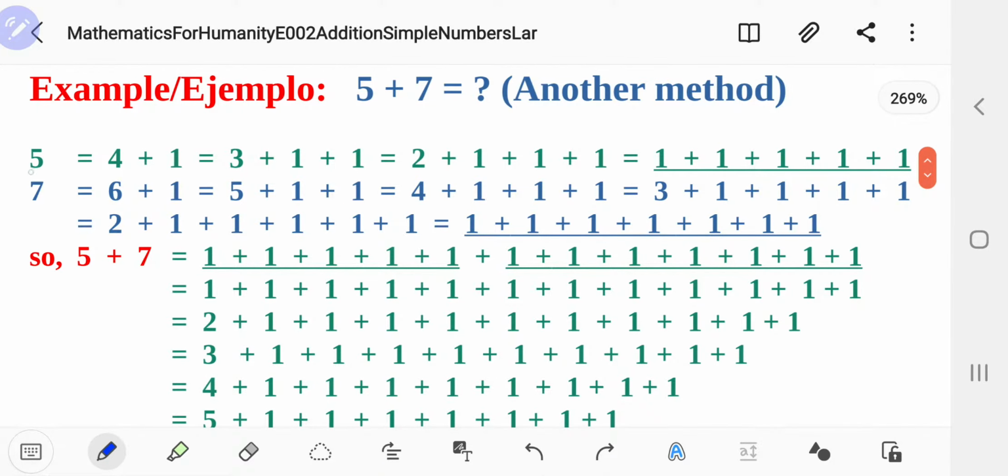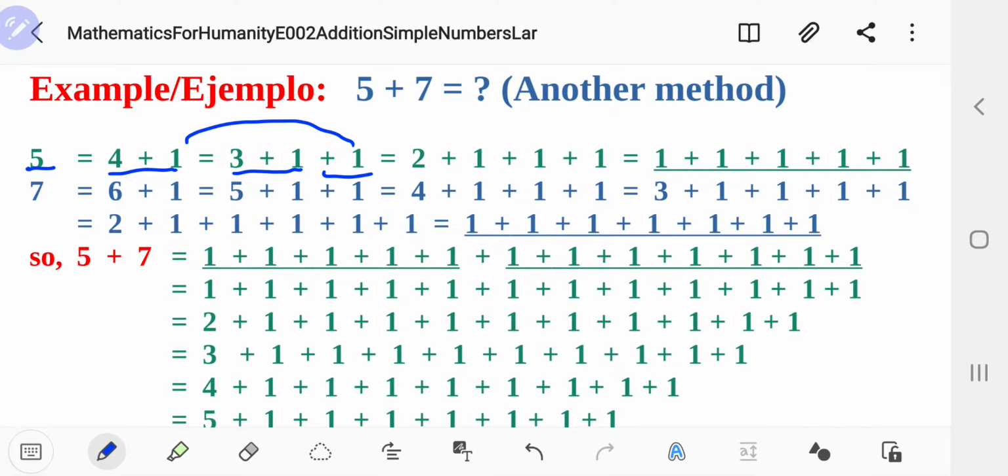You can write 5 equal to 4 plus 1. But 4 you can write as 3 plus 1, plus 1.